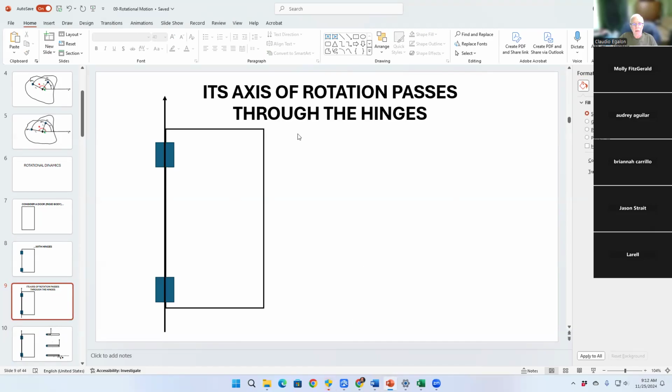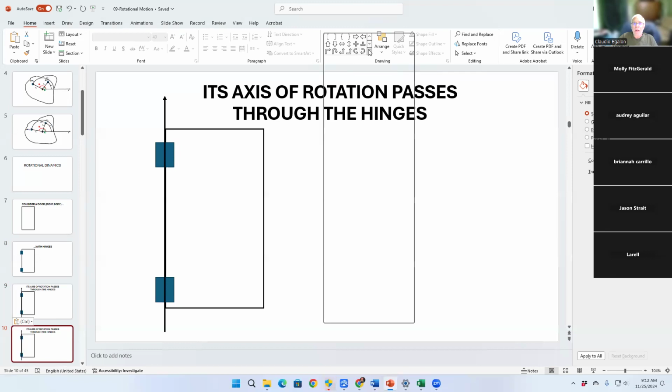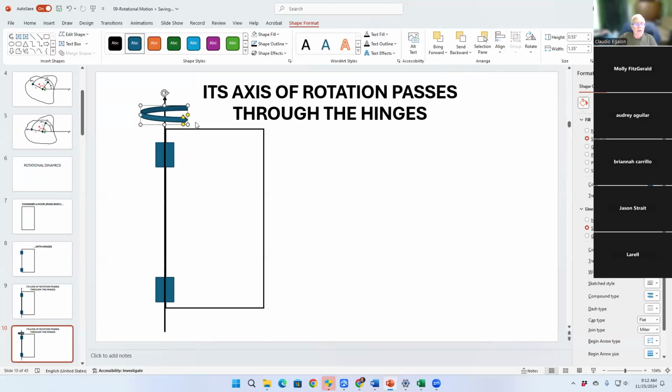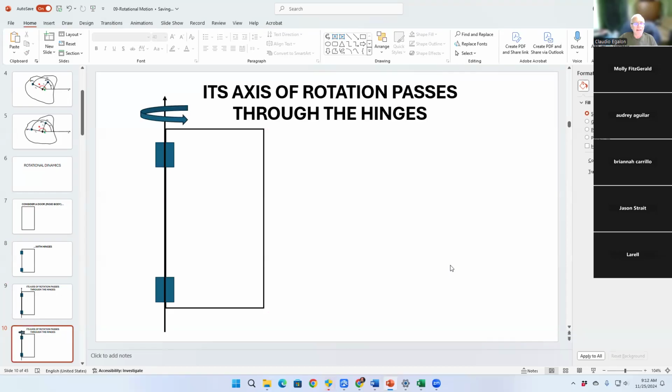The door can open or close, can rotate about this axis. Let's get another illustration here so you can see it better. Can you picture that?